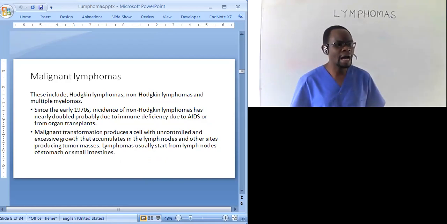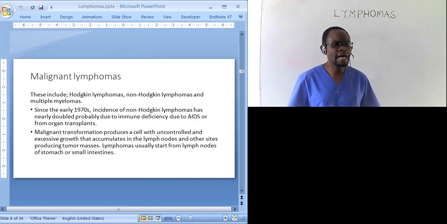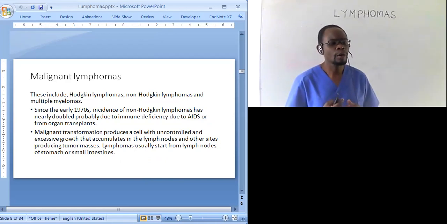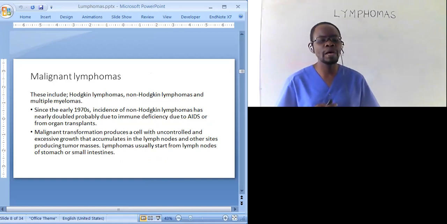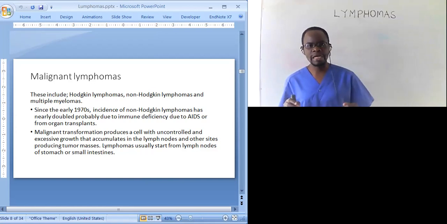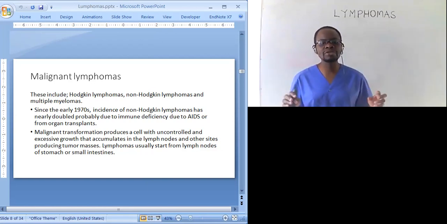When we talk about lymphomas, they are of two types. They can actually be of three, but we are going to concentrate on two. They can be Hodgkin's lymphoma, what we talked about yesterday, or non-Hodgkin's. If you remember very well, Hodgkin's lymphoma is characterized by Reed-Sternberg cells, which are giant cells with two nuclei, having eyes like an owl.